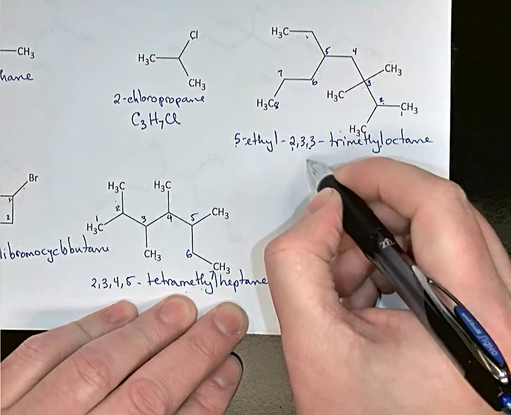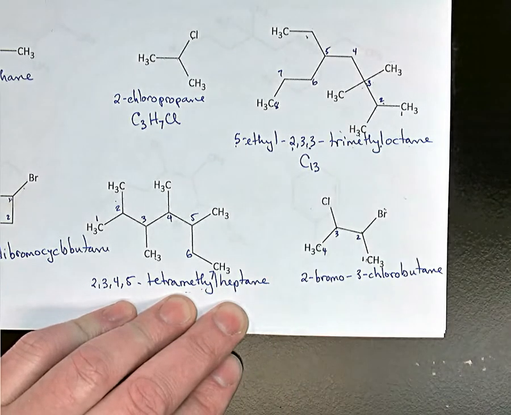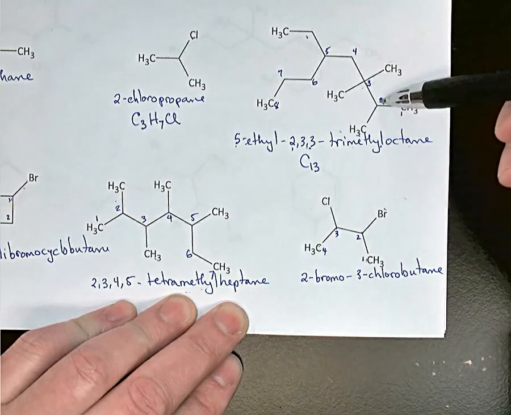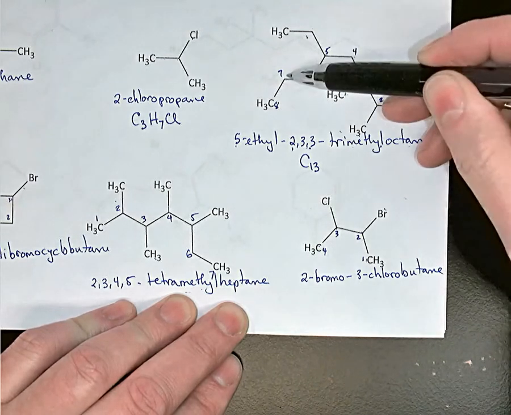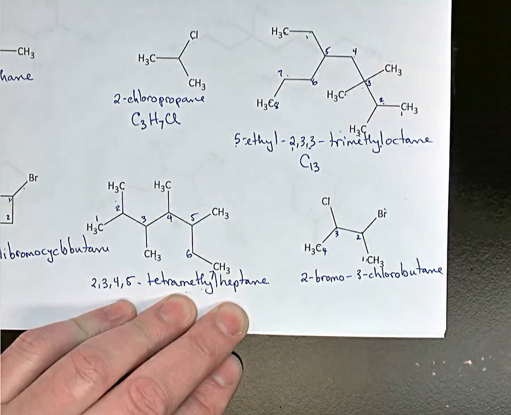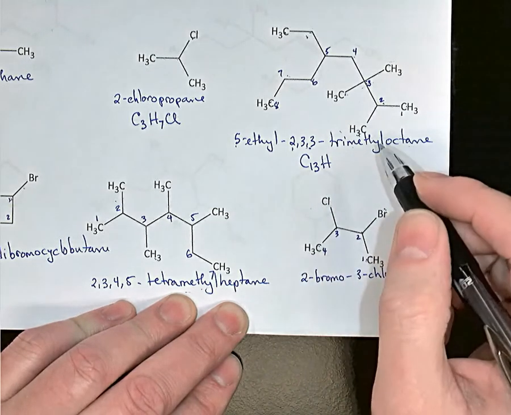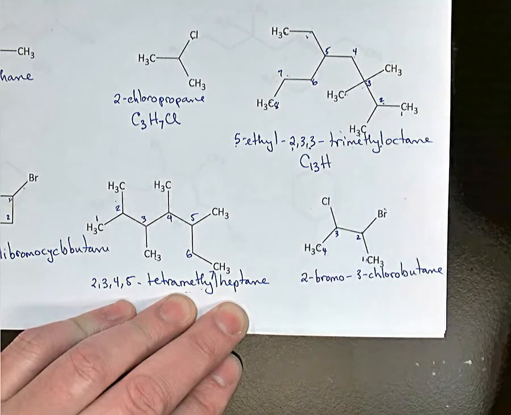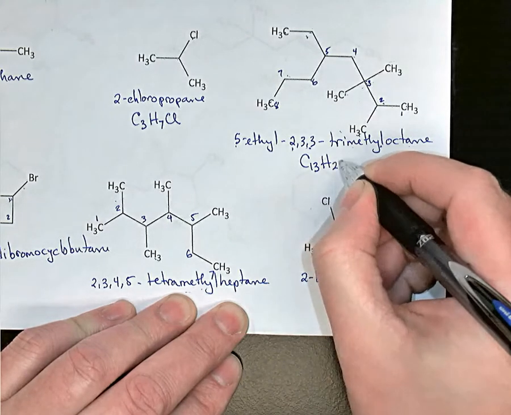This thing has 13 carbons, C13. Now you could just count them. There's 1, 2, 3, 4, 5, 6, 7, 8, 9, 10, 11, 12, 13. Once you figured out there's 13 carbons, then the number of hydrogens is straightforward. It's twice the number of carbons plus 2 more. So C13H28.